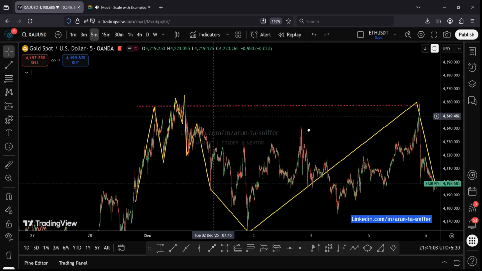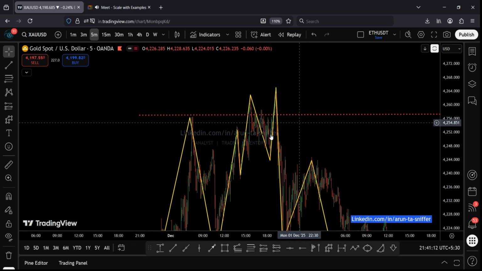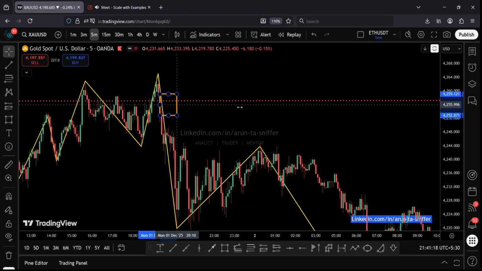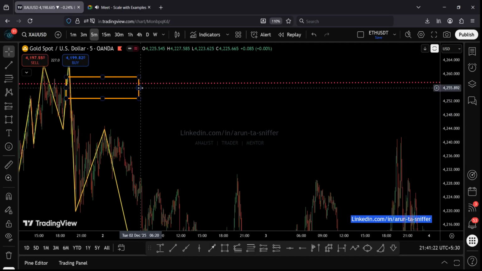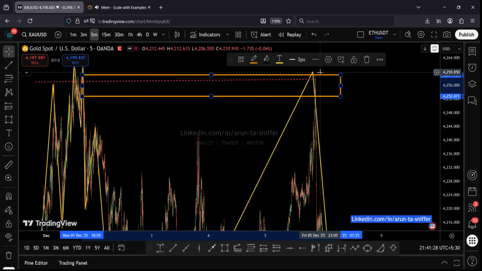The price goes back up and reacts from this LS.